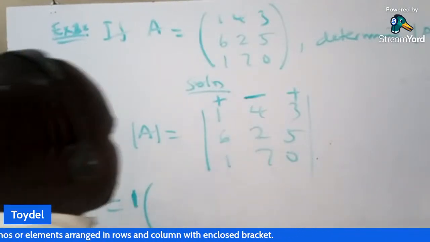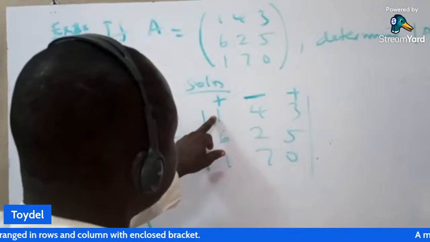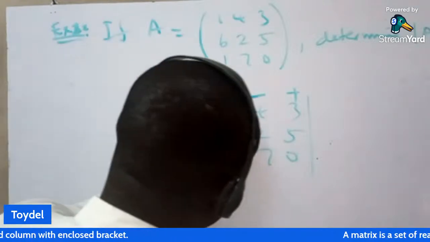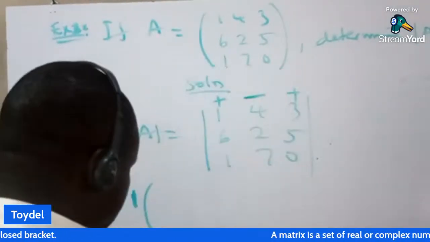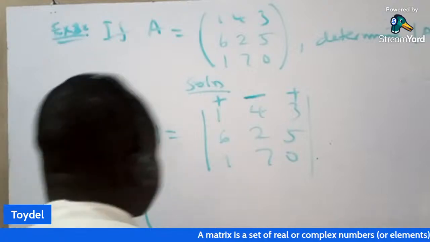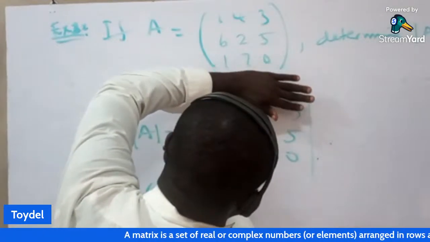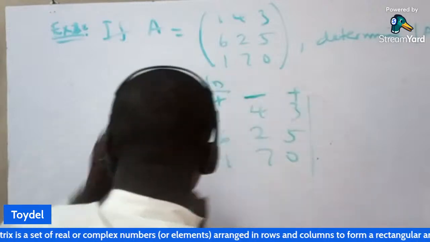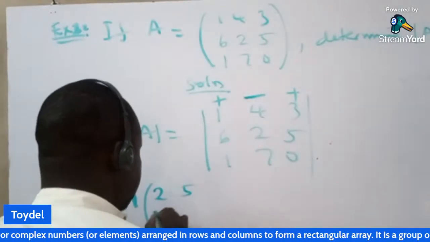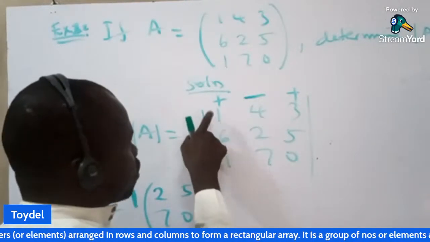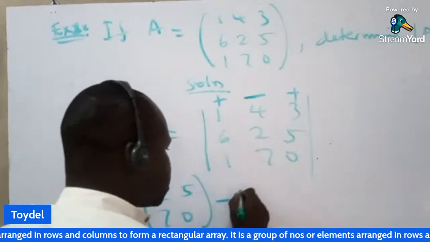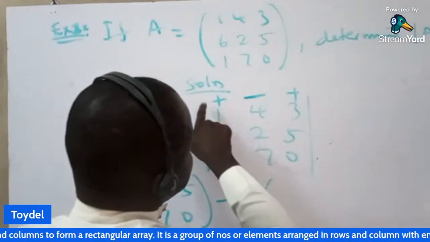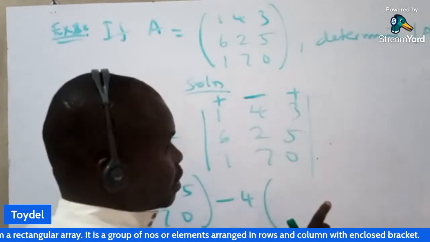When we pick the first entry, this first entry is along first row and first column. So let's pretend as if we cover first row and first column. What do we have left? We have 2, 5, 7, 0. So we are going to write 2, 5, 7, 0 here. That is when we consider the first one here. Then minus 4. I generated this plus minus plus automatically.